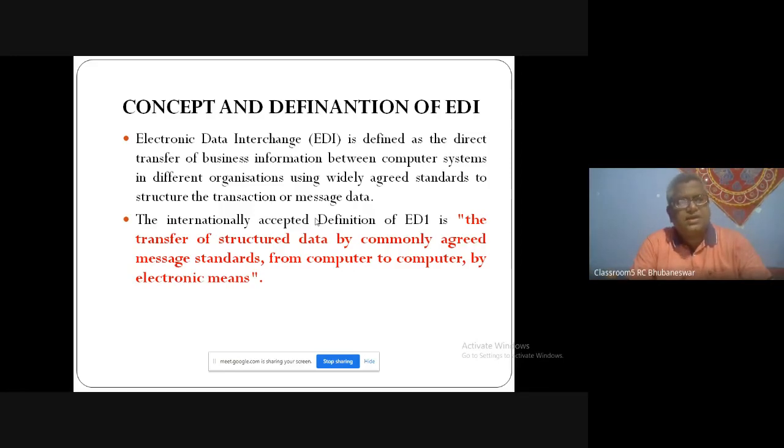That is called the transfer of structured data with message standards, from computer to computer electronically, and that is called EDI, electronic data interchange.